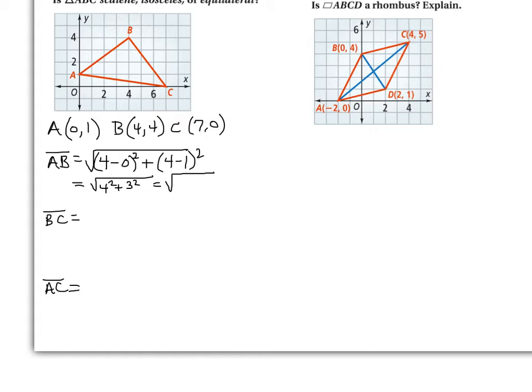When I add 16 and 9, I get 25. So this is going to be 5. AB has a length of 5.